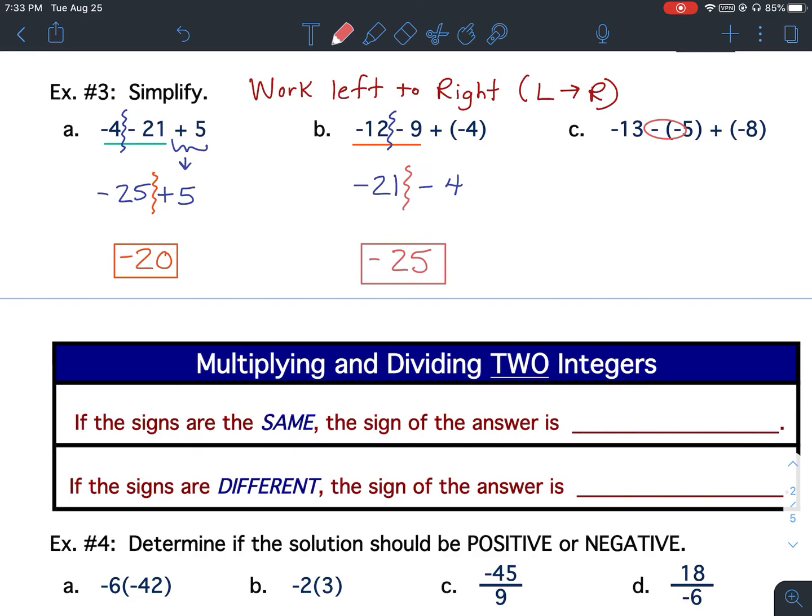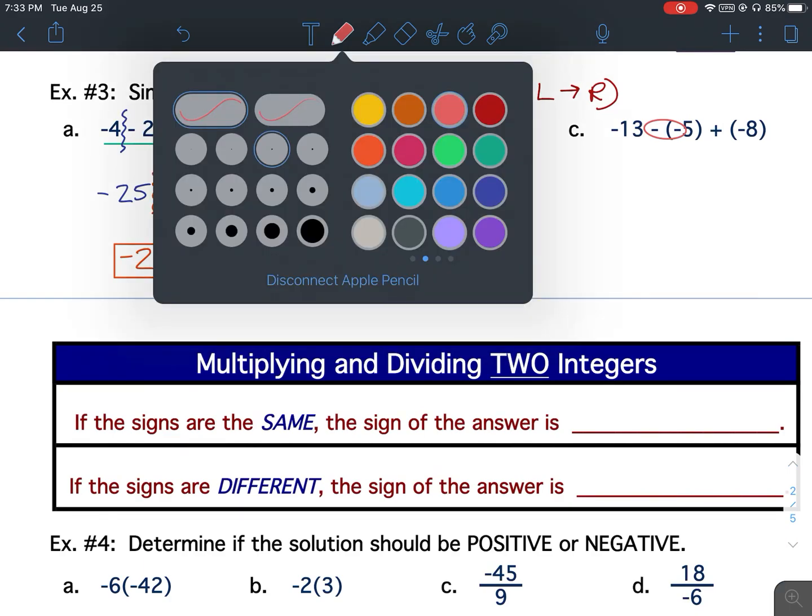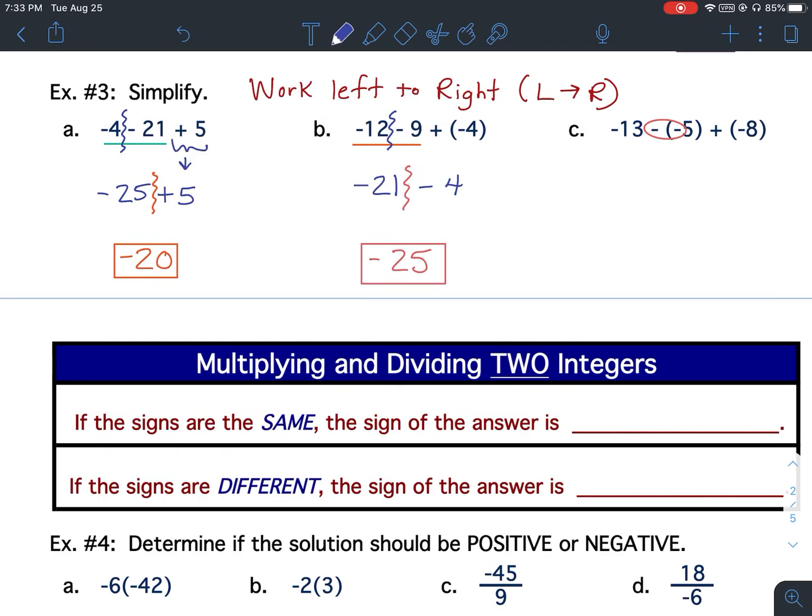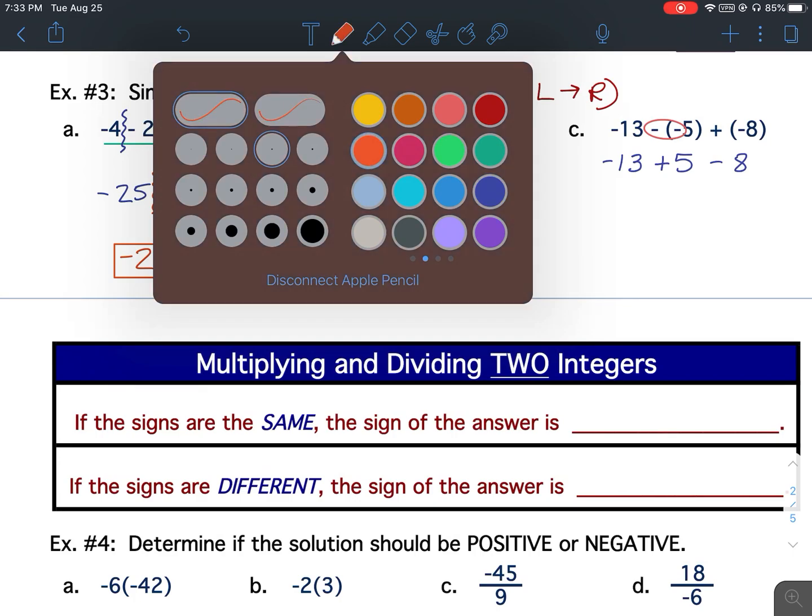So I'm going to rewrite this as -13. The double negatives become positive 5. And then instead of putting plus -8, I'm just going to bring down the -8. Now we work left to right.